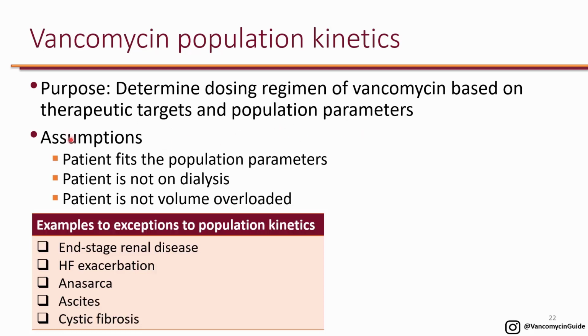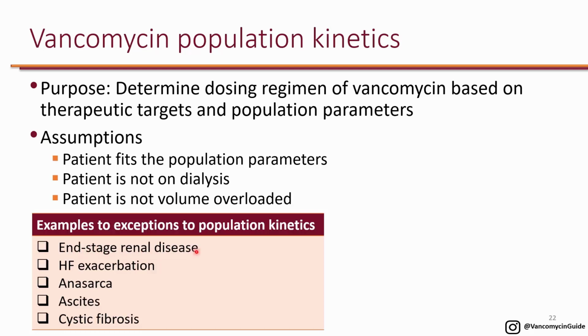The first assumption is that whoever the patient is, they fit the population parameters. And of course, we're assuming that the patient is not on dialysis and is not volume overloaded. Some examples of exceptions to population kinetics include end-stage renal disease, so these population kinetics don't apply to end-stage renal disease.